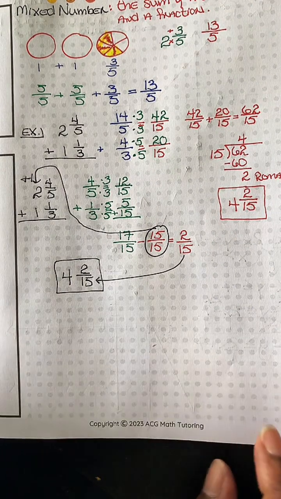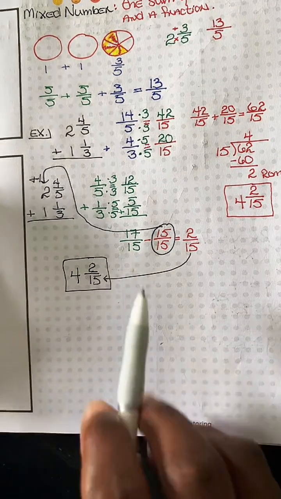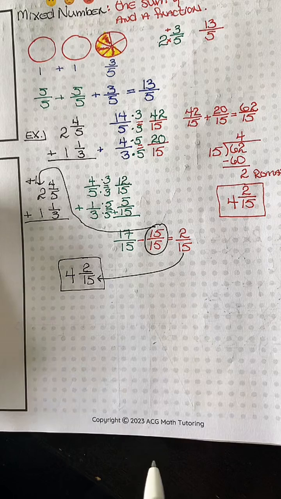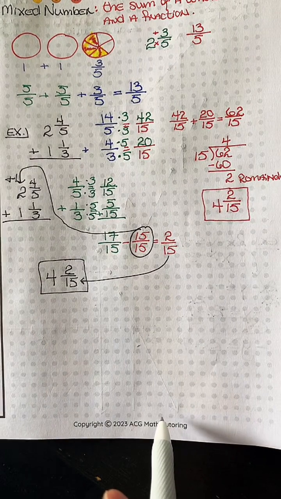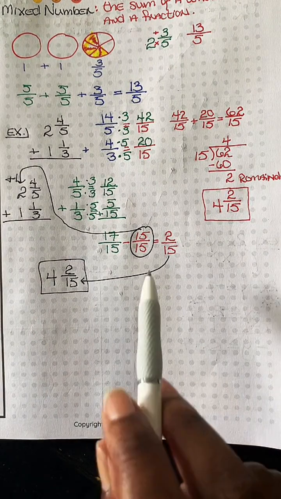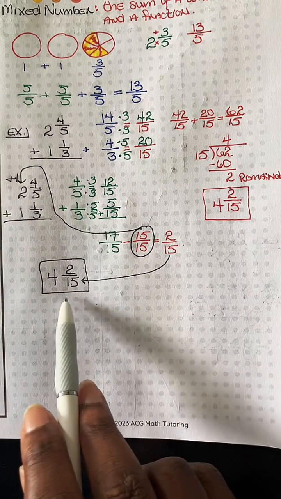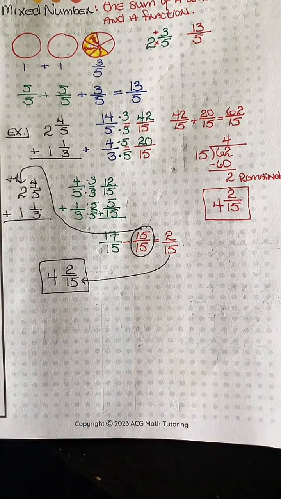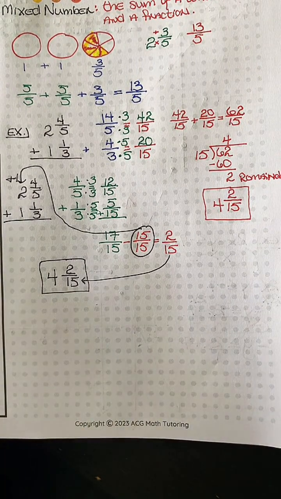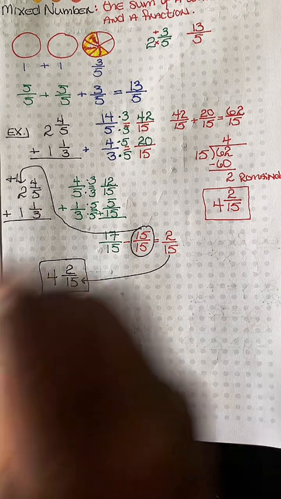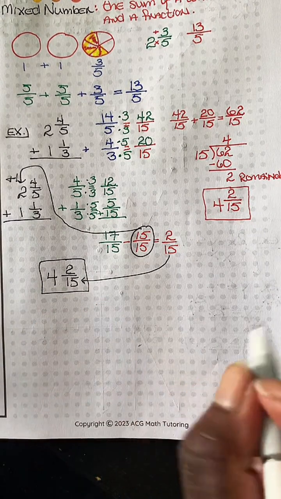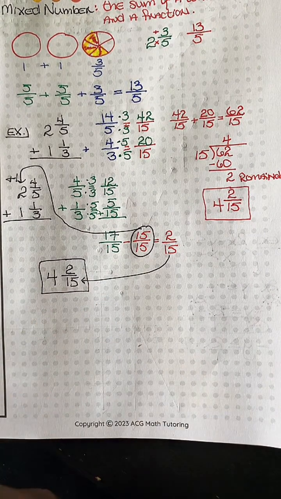Now, if they say to simplify, if they say simplified, that 17/15 is not going to work. Okay? And I can tell you, if you're looking at your answer choices, the majority of the time they're always going to simplify it. Even if you're going for Praxis or any of those assessments with a brief constructed response where you have to show all your work, they're still going to want the simplified version of your answer.